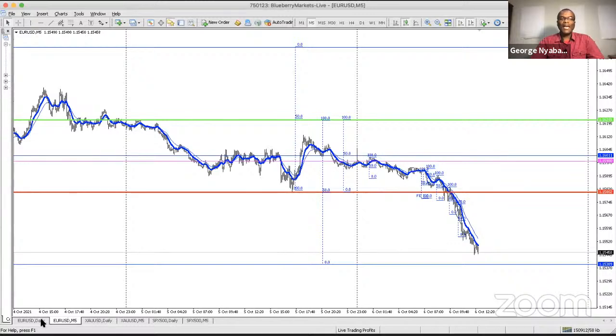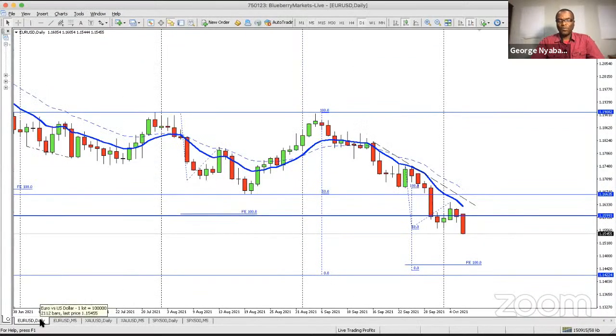Let's just have a look at the euro itself on the daily. So when I'm trading on the 5-minute time frame, which will be the same if you trade intraday, lower than the daily time frame, it's important to have a look at what's happening on the day, just to get a sense. And to get a sense is a critical thing.